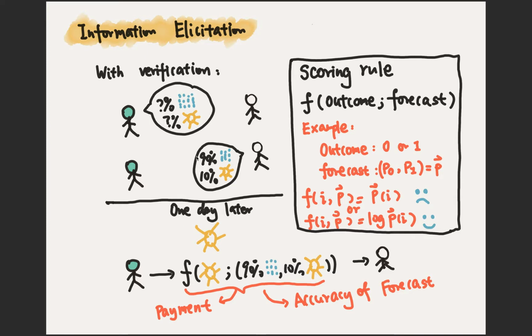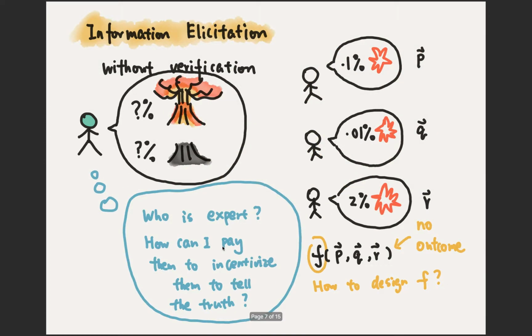So why do we call it with verification? Because the payment is made only after the outcome is revealed. But in some situations, like this one, the requester still wants to elicit some information about a volcano. She wants to know whether this volcano will erupt after 10 years, and she wants to elicit this forecast from the crowd. The crowd maybe gives their forecasts for the eruption of this volcano.